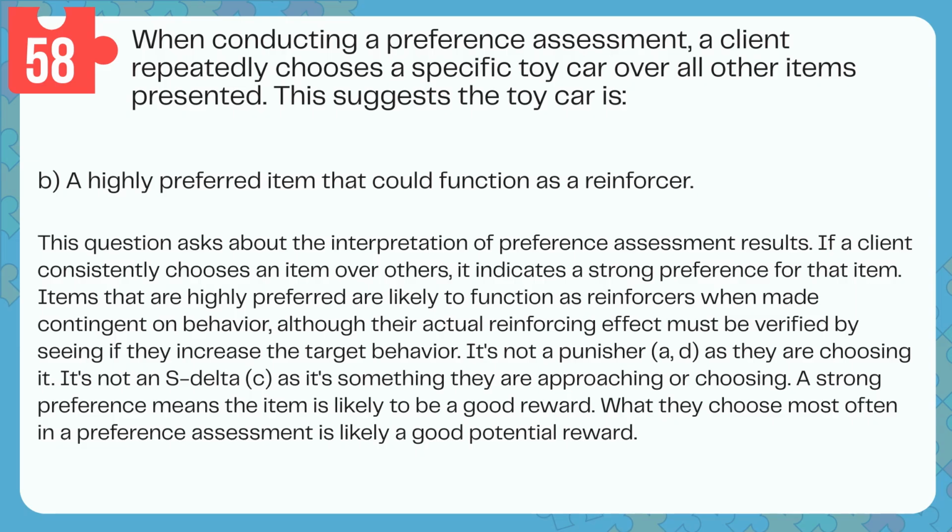It's not a punisher, D, as they are choosing it. It's not an S delta, C, as it's something they are approaching or choosing. A strong preference means the item is likely to be a good reward. What they choose most often in a preference assessment is likely a good potential reward.